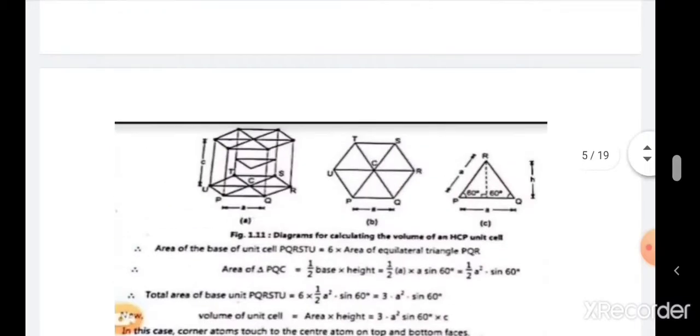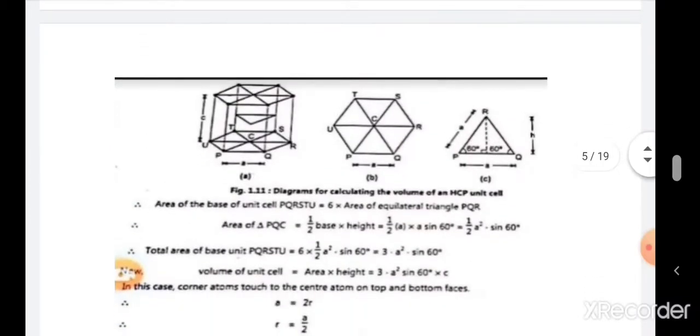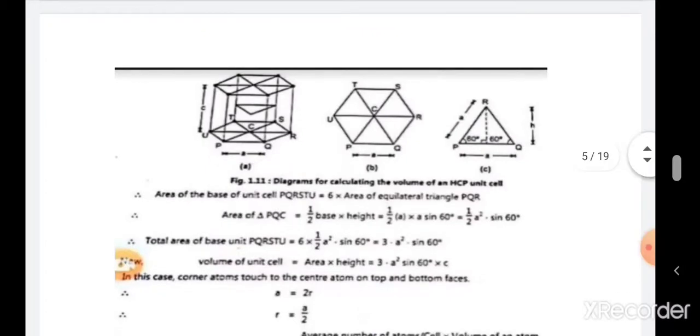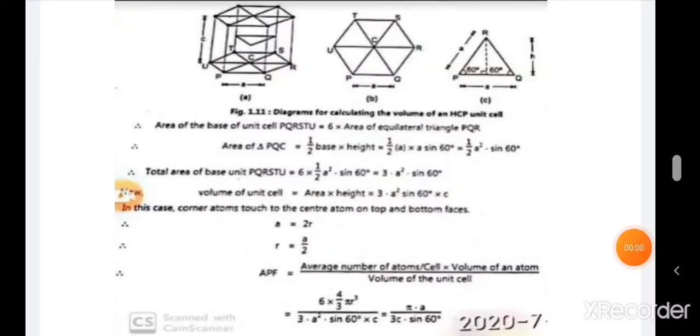For that, we have to consider the hexagonal close pack structure diagram. Now we will consider one of the hexagons, that is TSRQPU, whose center will be C. If I want to find out the area of the complete hexagon, first of all I have to consider one of the triangles and find the area of that triangle.